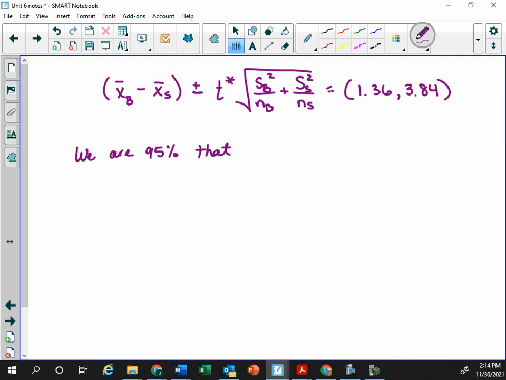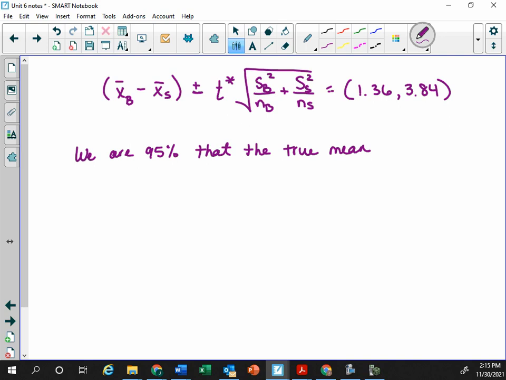How about we say that the true mean difference in heights? Yes, there we go. So we're saying, because you only have the sample information, you're trying to not guess, but you're saying we think the true mean difference between these two groups' heights is somewhere between 1.36 inches and 3.84 inches.